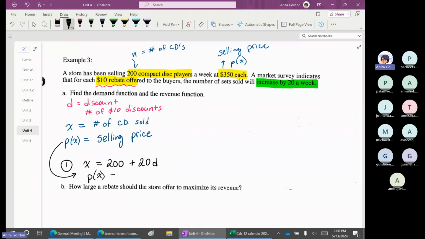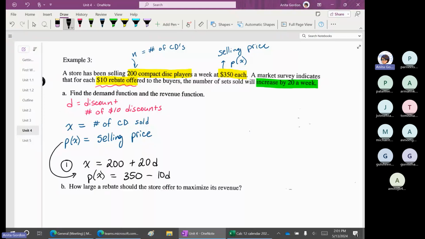P of X will be starting at 350. Times X, 350X. Not yet. Why not? This is the price for one thing. The price for one thing right now is 350. How are we changing it? Minus 10D, right? We're reducing it by $10, D number of times. We've got to figure out how many times we need to make the discount.